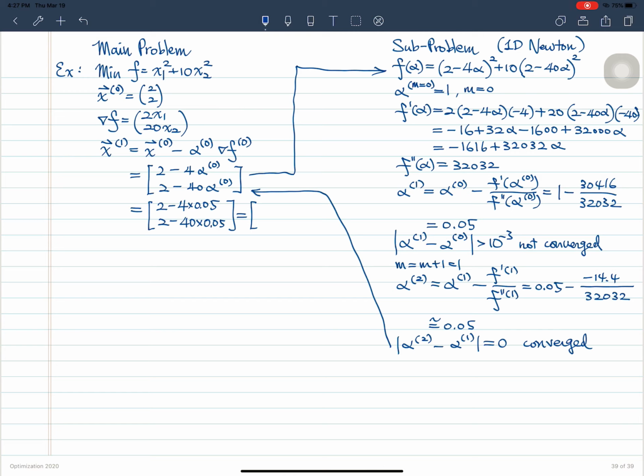So this is 1.8. Oh, this is 0. Really? Okay. Maybe not a good example. 2 is too close to the solution.